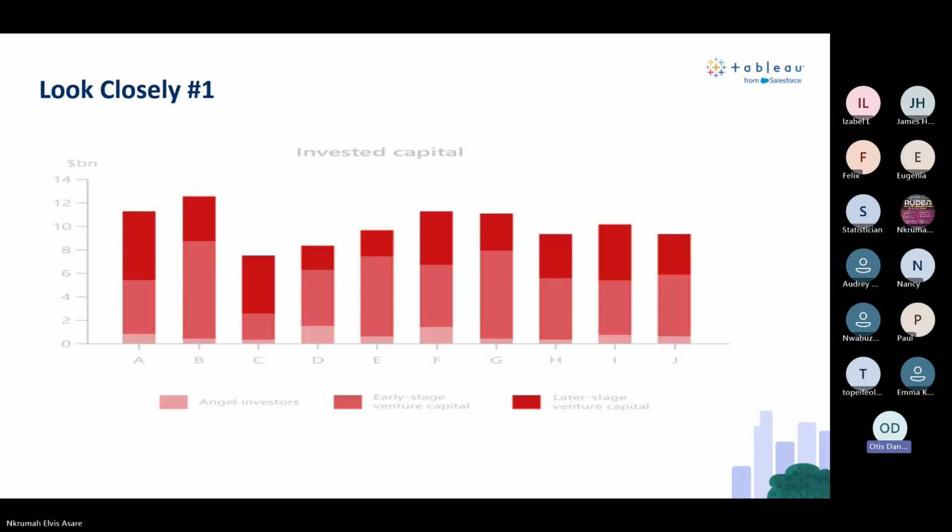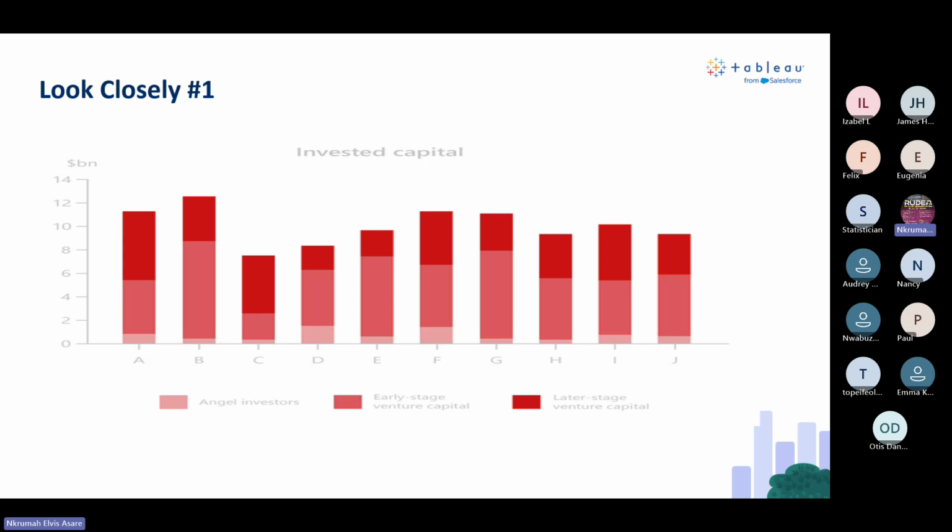Now, let's take a look at this chart. You can see from this chart that it's showing the invested capital, even the lower axis. You can't even see the writings well.